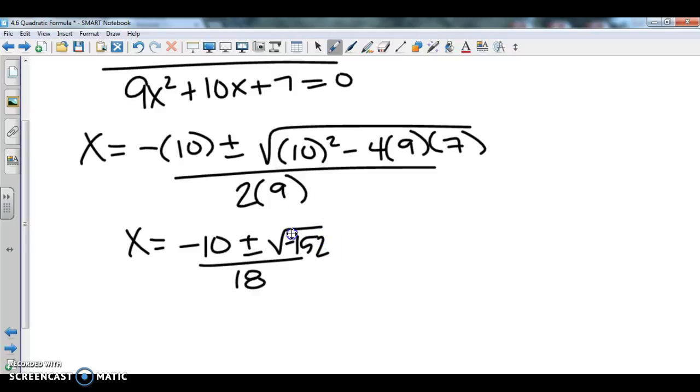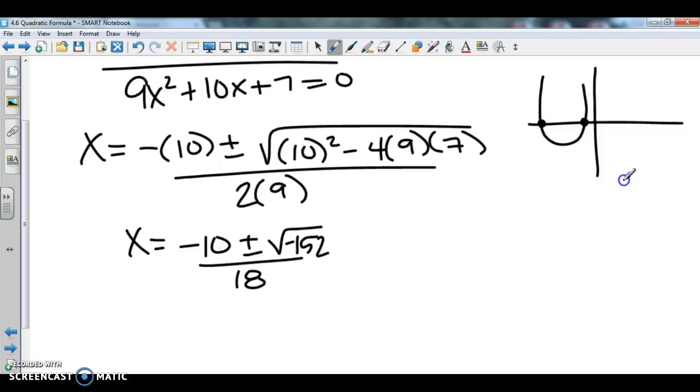Okay, so this is where we deal with the negatives. If you take the square root of negative 152 on your calculator, you're going to get a non-real answer. That's because this is not possible in the real world. So basically, anytime you have a quadratic, it should cross the x-axis twice, okay?